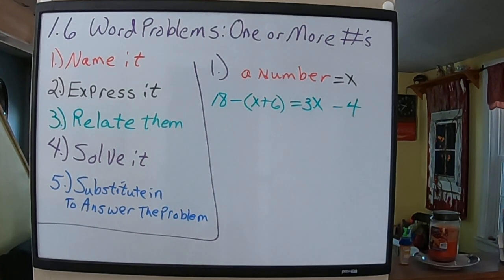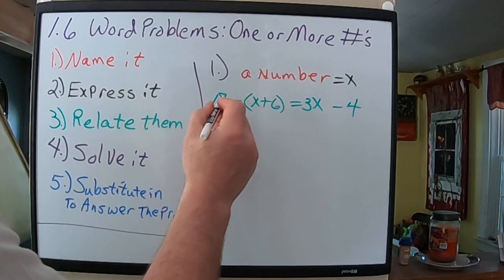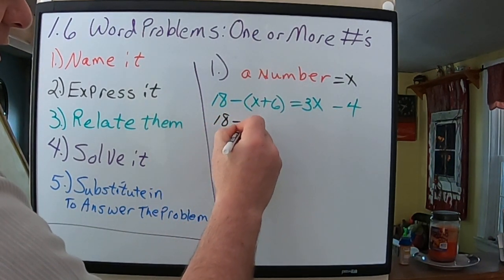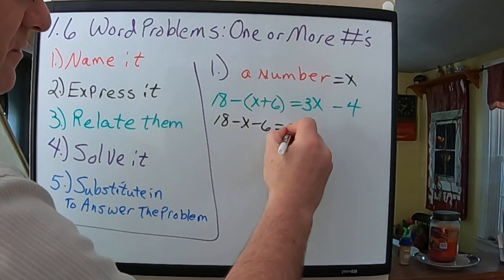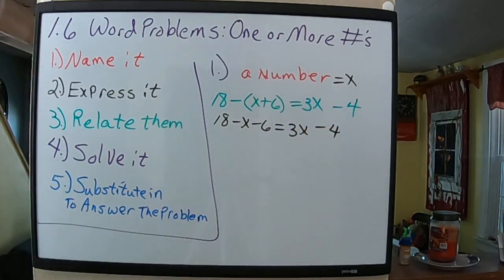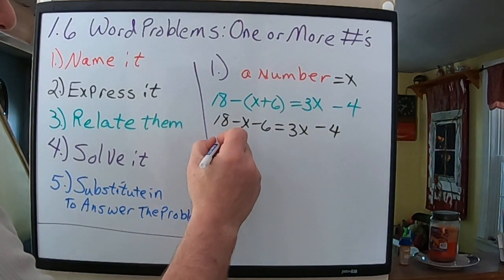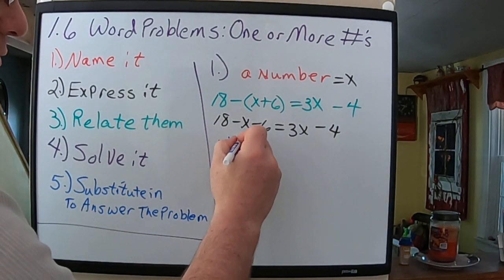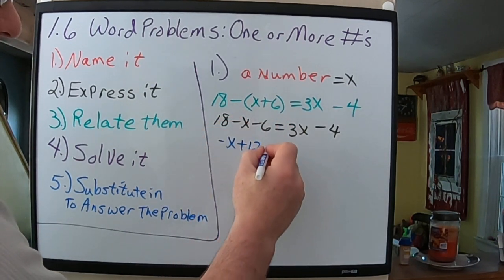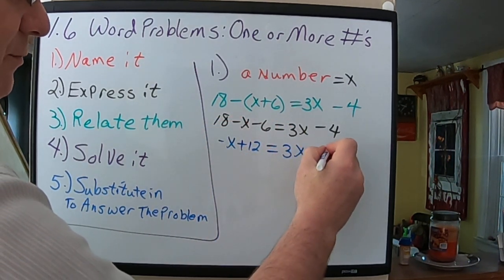Then you just solve it from there. So, for example, distribute the negative. 18 minus x minus 6 equals 3x minus 4. Then we're going to go ahead and combine like terms. So negative x plus 12, negative 6 and 18, equals 3x minus 4.